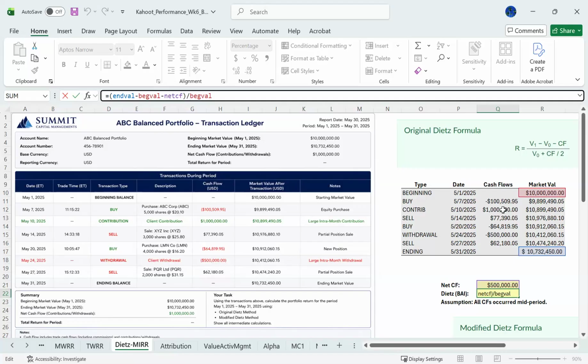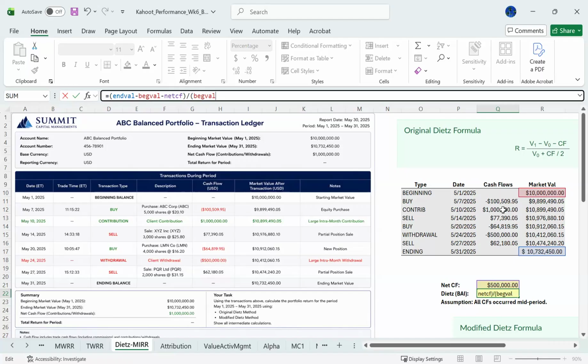Those 500K were deposited, were invested, and those 500K are contributing for part of a performance or the returns of the fund. So what the original Dietz method is doing is we take a beginning value and we assume that that net cash flow occurred mid-period.